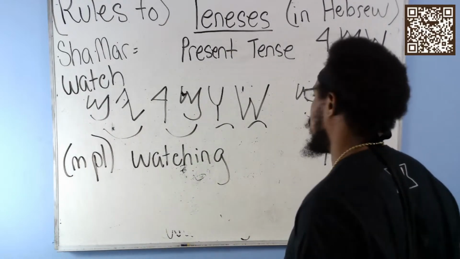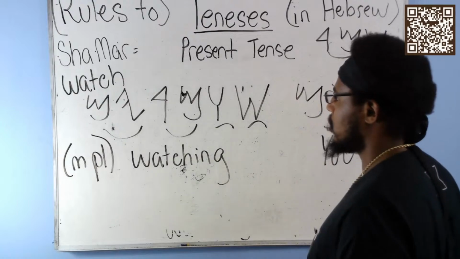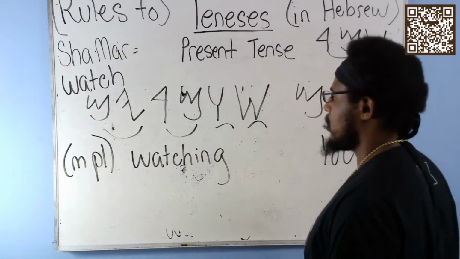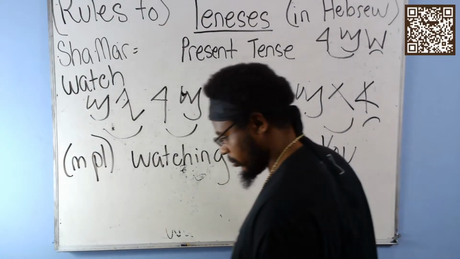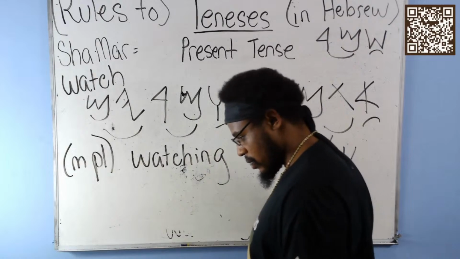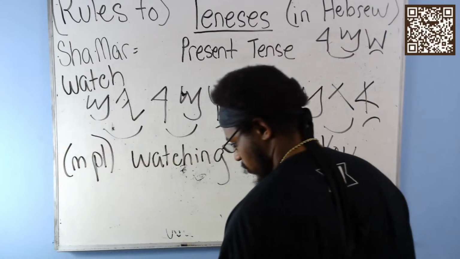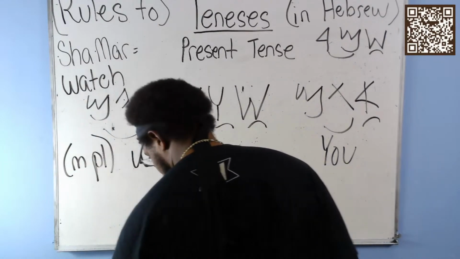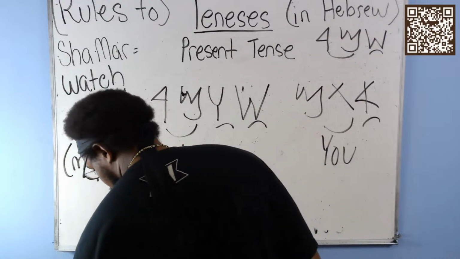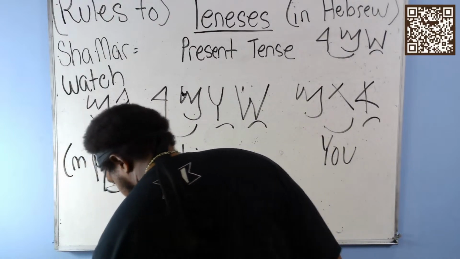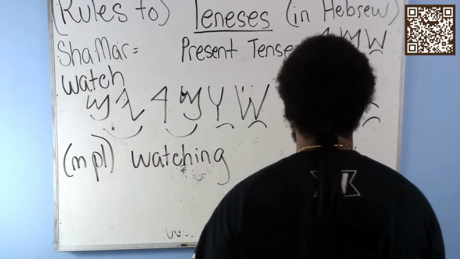Next, gender, and then the number. Okay? So let's get you feminine plural. A third YAHUAH Mar. A thumb.